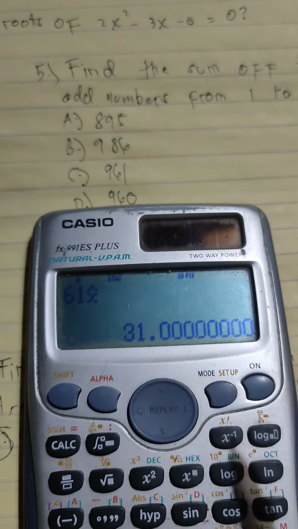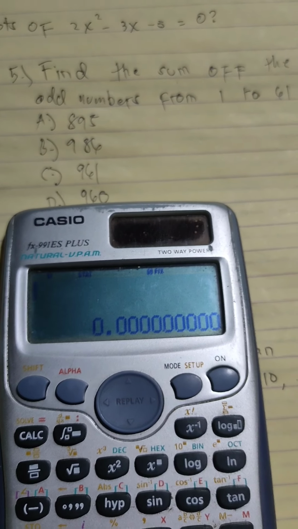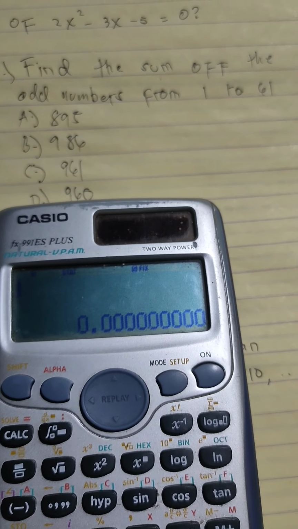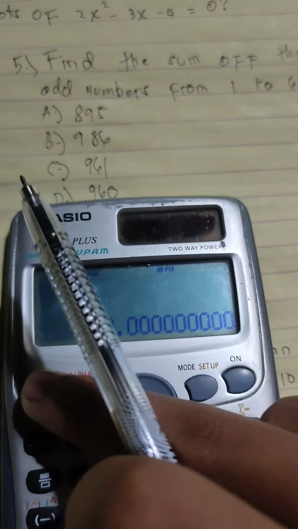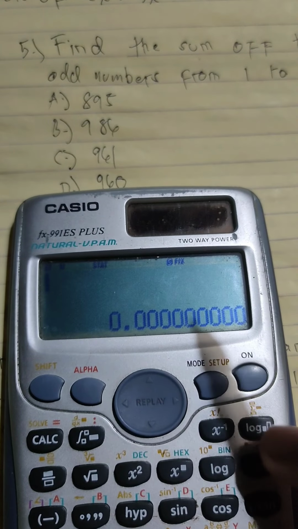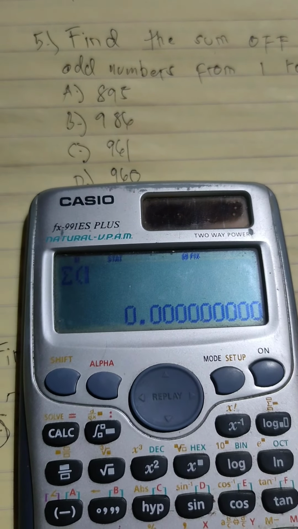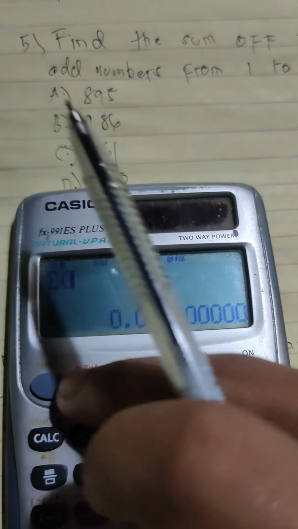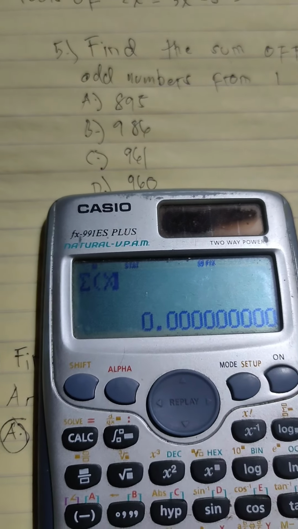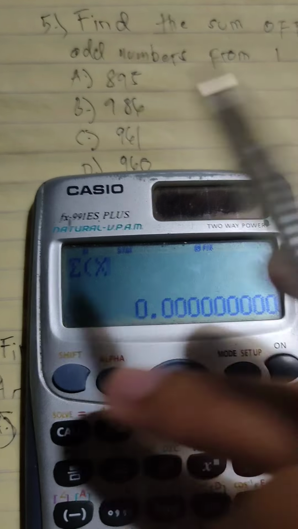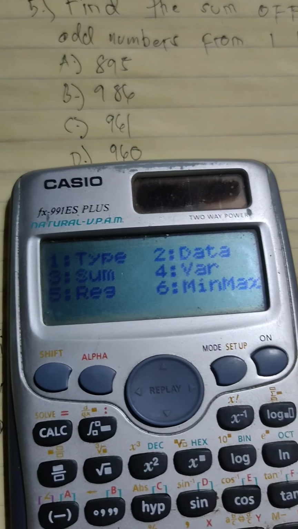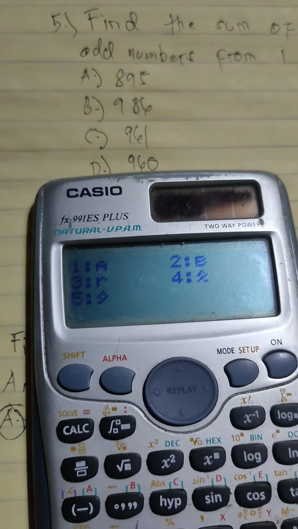So next we will solve the sum of all odd numbers from 1 to 61. So we will press Shift log, then alpha x, then Shift Stat, reg.